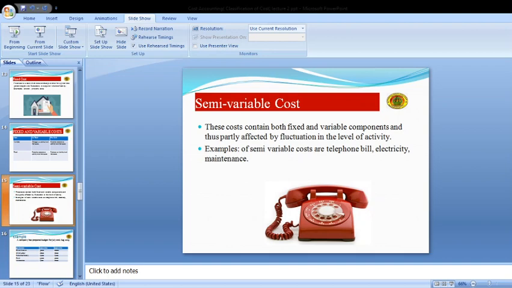These are old fixed line telephones, not like the mobile phones which we use now. They used to have a fixed rent and for every call you have to pay extra. That's why it is a variable cost. The rent part is fixed cost.